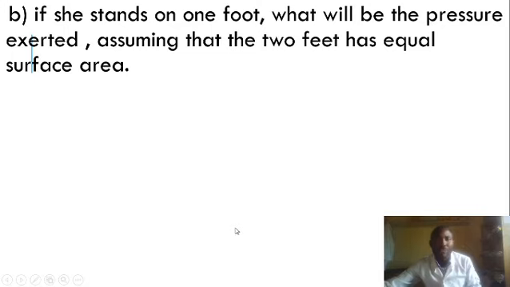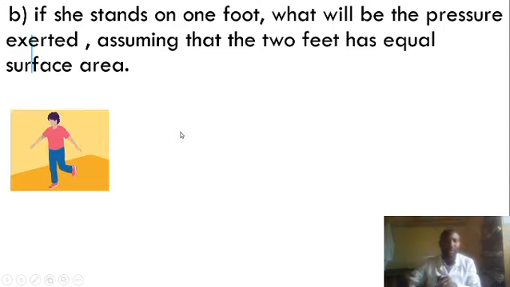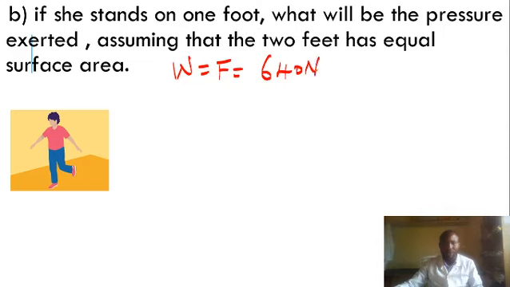If she stands on 1 foot, what will be the pressure exerted, assuming that the 2 feet have equal surface area? Imagine this is a woman, now standing on 1 foot. Now we already know that our weight, which is the same as our force, is equal to 640 newtons. The woman has not changed the weight.